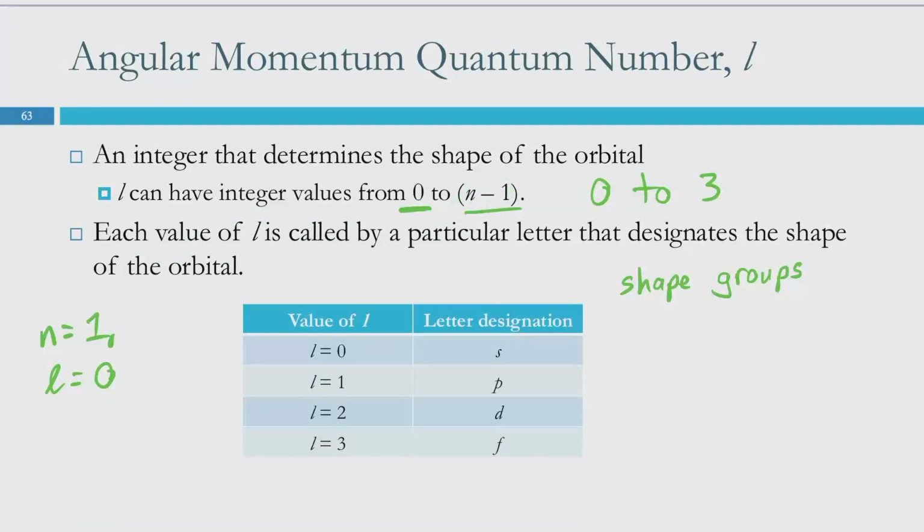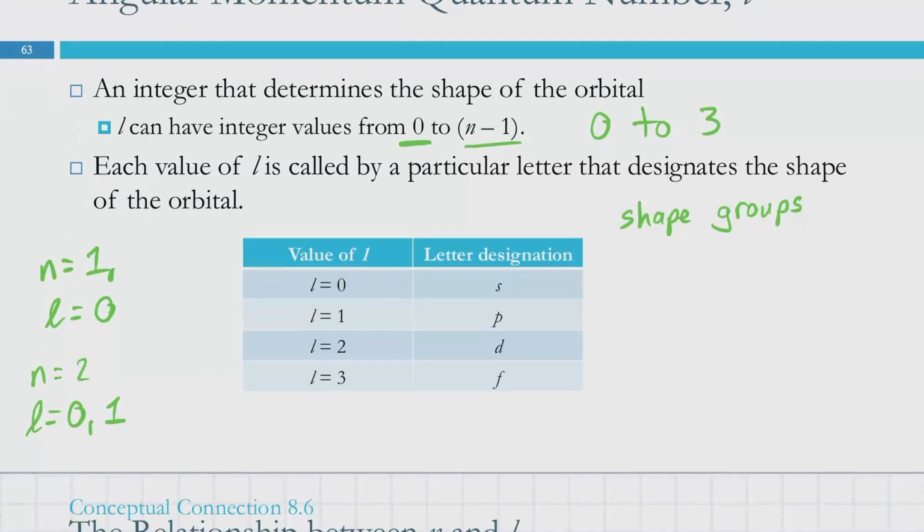If n equals 2, then L can equal 0, because that's our starting value. It can also equal n minus 1, and n is 2, so 2 minus 1, we can also have a value of 1. So we're adding one of these values each time our n increases.